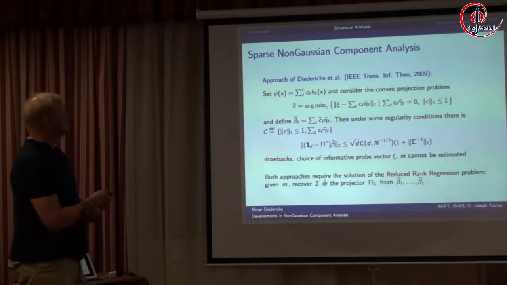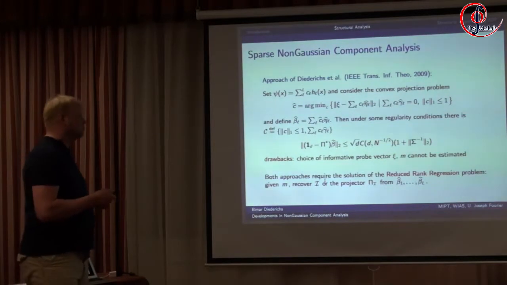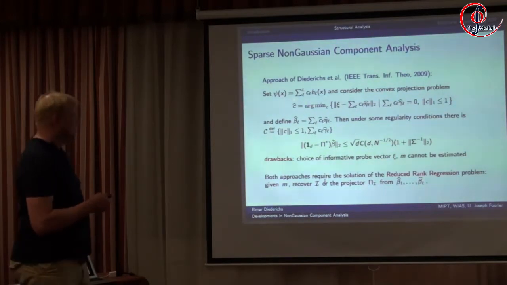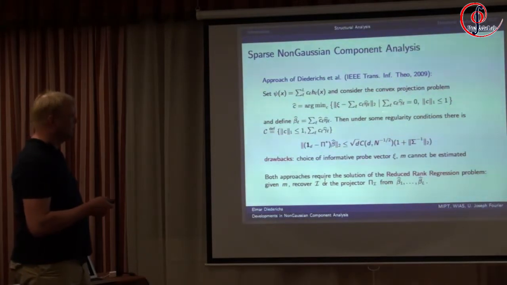The second approach is sparse in some sense, because we again use a linear approach to estimate psi from the data, and we consider the convex optimization problem that's stated below. So we try to find the minimum over all coefficients that fulfills our noise-killing condition, and of course we want to have a sparse solution.